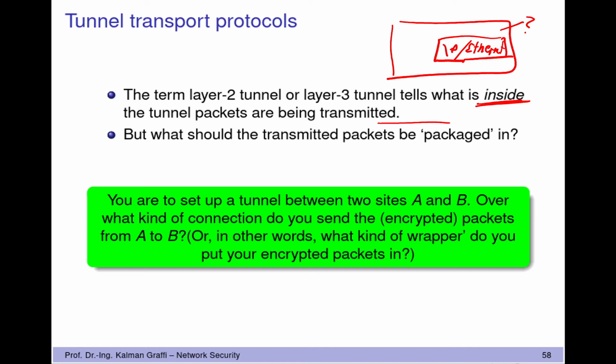But the question is, what is this? If you want to set up a tunnel between two sites A and B, what kind of connection do you send the encrypted packets over from A to B? What kind of wrapper do you put your encrypted packets in? Would you put your packets in UDP or TCP?